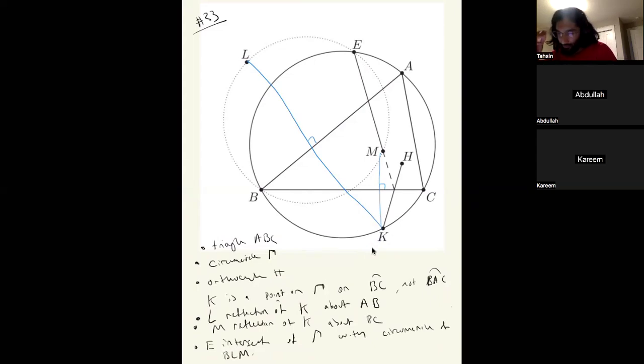And then what is the problem? The problem is now to show KH, EM, and BC are concurrent. So it's basically this thing here. We want to show this concurrence here. KH, EM, and BC. So does the problem make sense?